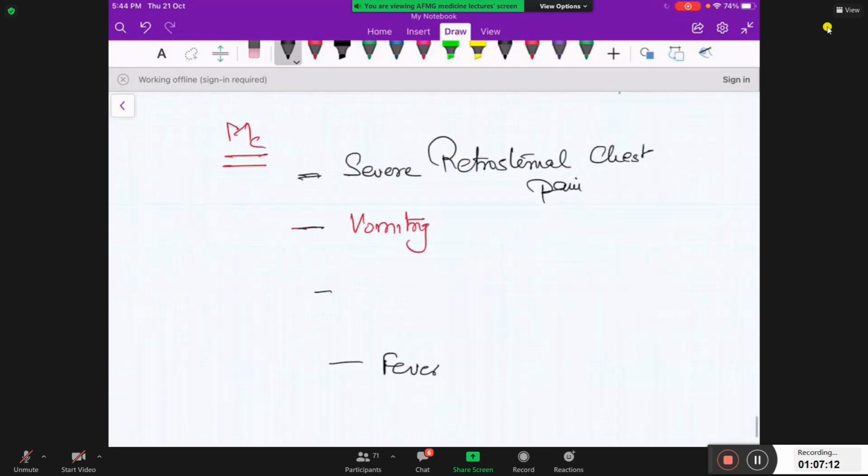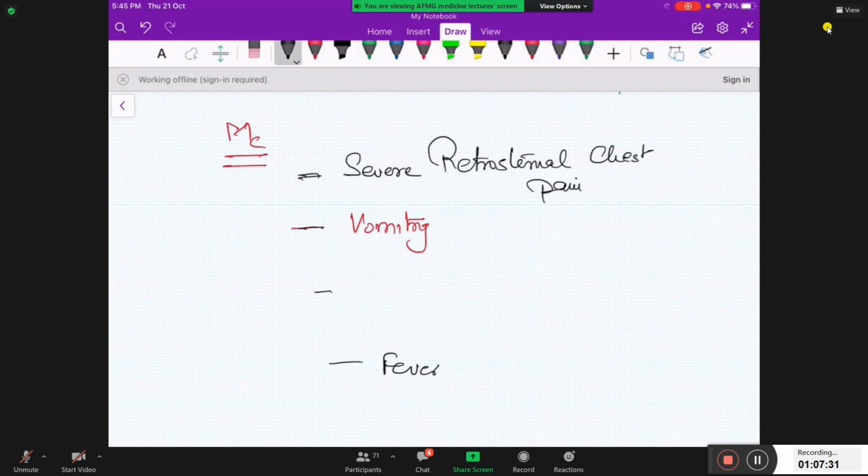Okay, now once the esophagus perforates, the esophagus has a hole, will there be any air leak? Yes or no? Yes. With every breath we are swallowing air, so there will be air leak.